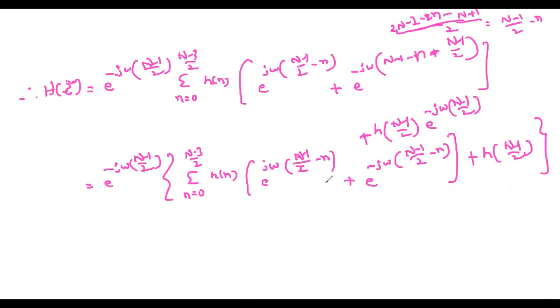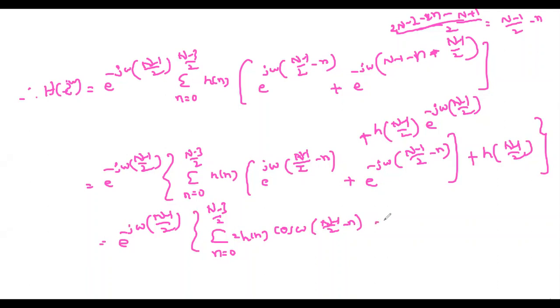Here this total is written as 2 cos of something. So it is e^(-jω(N-1)/2), summation n = 0 to (N-3)/2 of h(n) into this 2. So 2h(n) cos(ω((N-1)/2 - n)) plus h((N-1)/2) as it is.